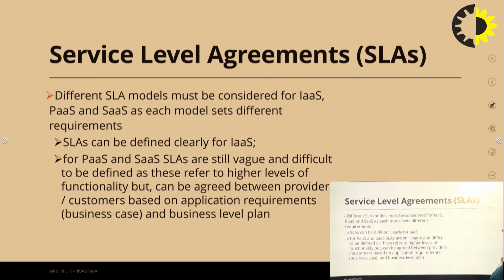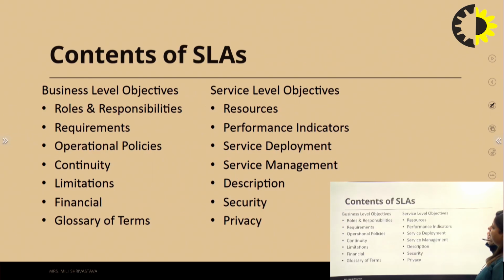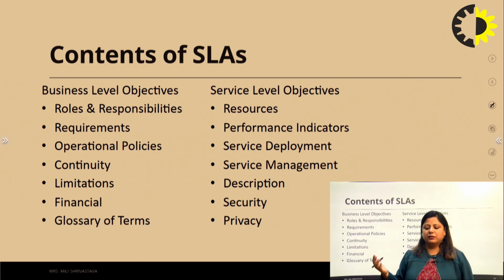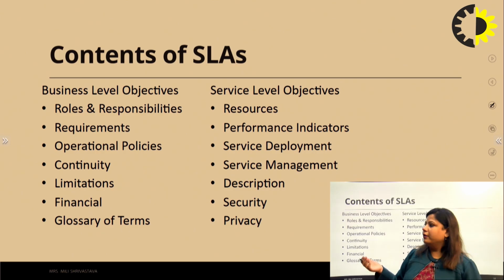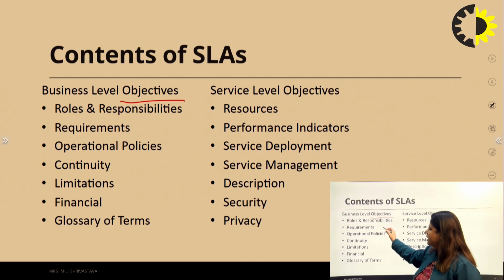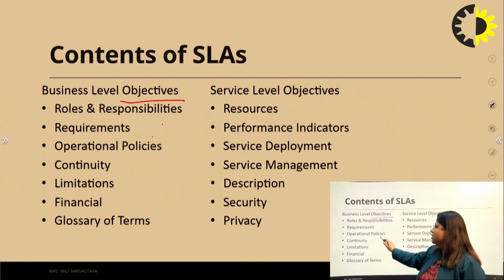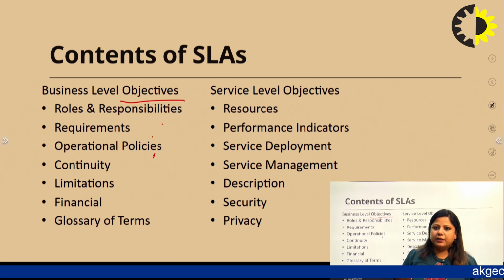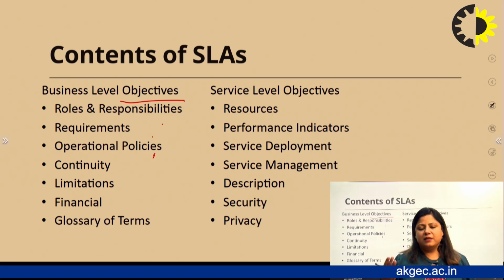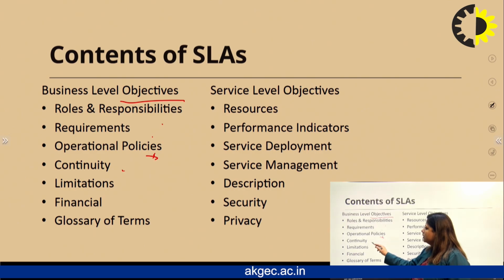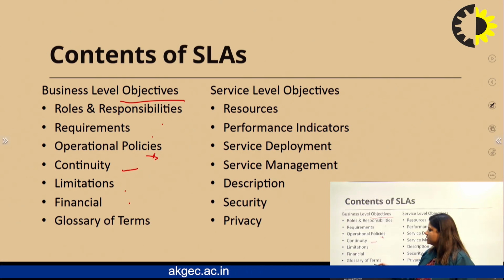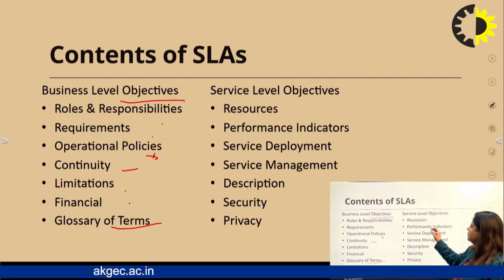Now, there are some contents, and this also depends on what kind of services the cloud consumer requires. So there are some basic business level objectives like roles and responsibilities, requirements, operational policies, what policies they are given, and ensuring that they are given in sequential form or whatever the consumer requires, continuity, limitation, financials, and glossary of terms, resources.